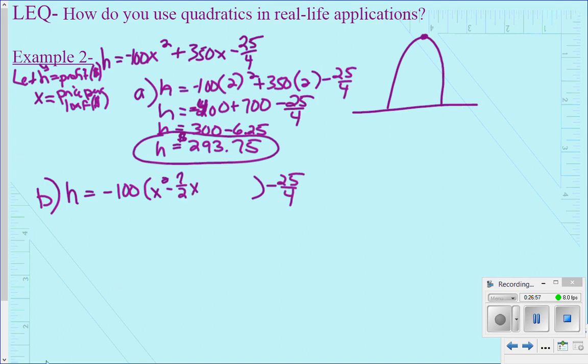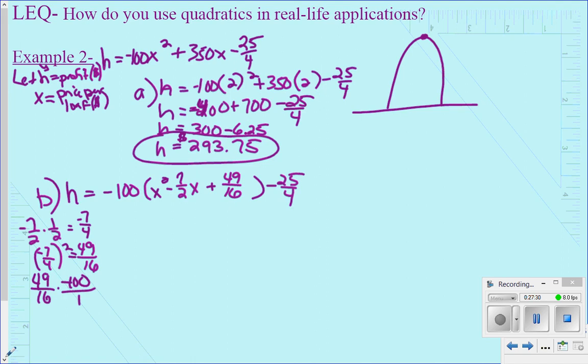So now I'm taking negative 7 halves and dividing it in half, which is times 1/2, which is negative 7 fourths. And I'm squaring negative 7 fourths, and I'm getting positive 49 sixteenths, which is what I'm adding. And it's actually 49 sixteenths times negative 100, though.